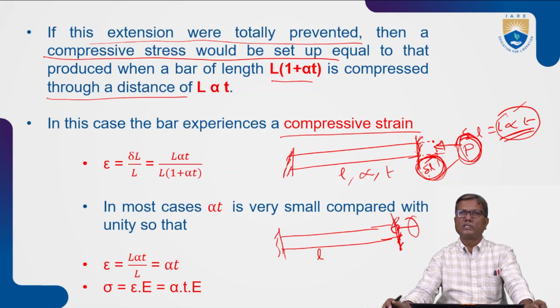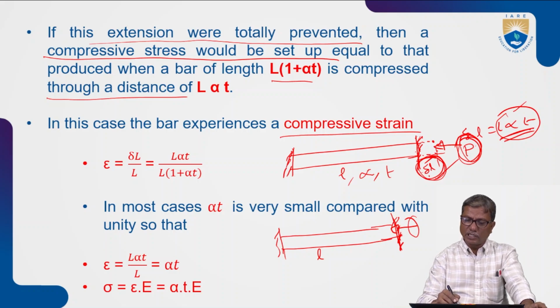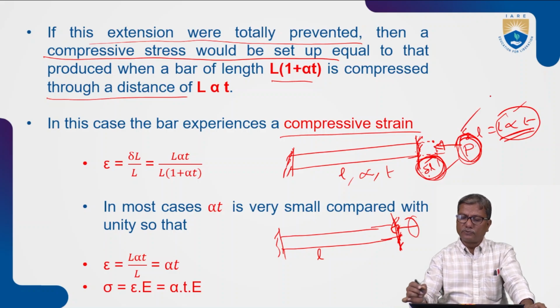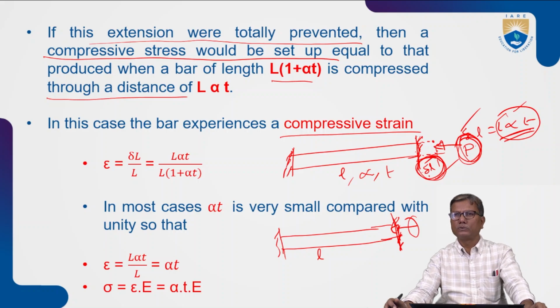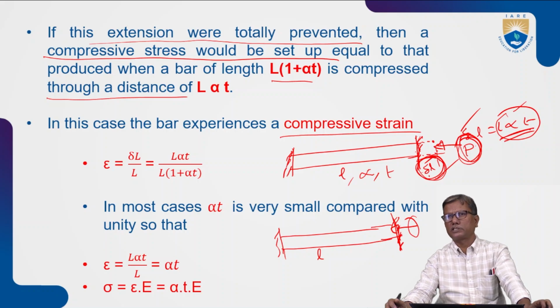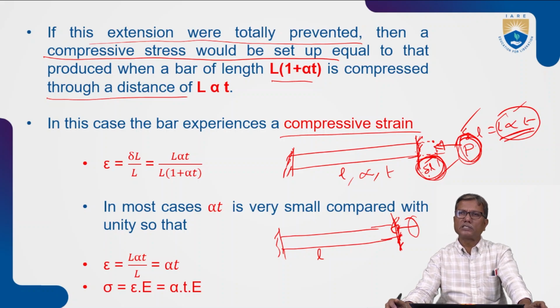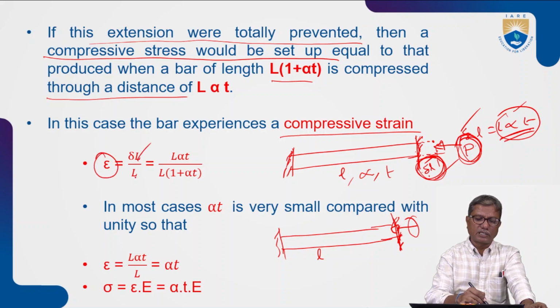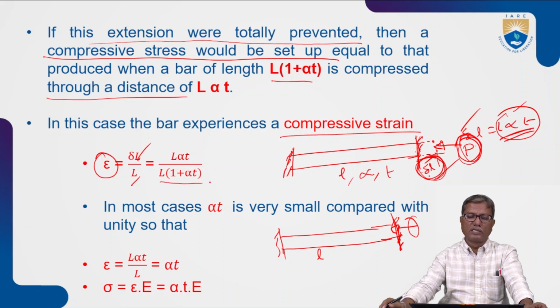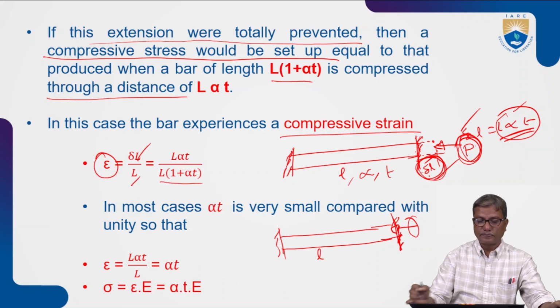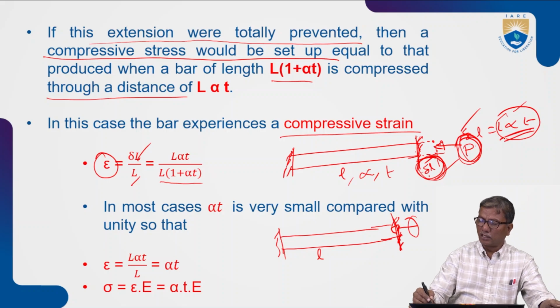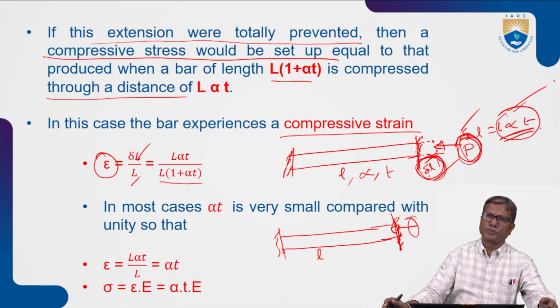Understand? So the initial length becomes L plus delta L. Now, when the force P is applied to compress by delta L, the initial length is L plus delta L, and the decrease in length is delta L. So the compressive strain is delta L by initial length, which is L plus delta L, or L plus L alpha T, because delta L is L alpha T, the expansion caused by temperature.